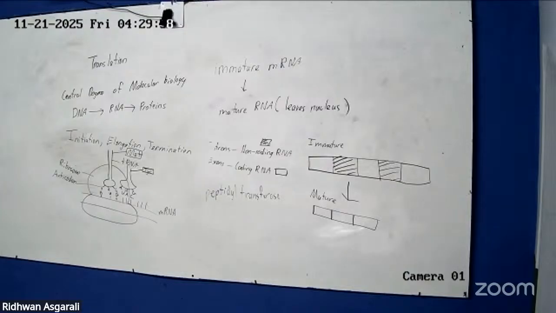Termination occurs when the ribosome reaches a stop codon, which releases the polypeptide chain.